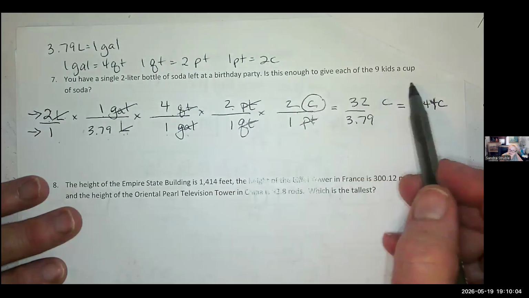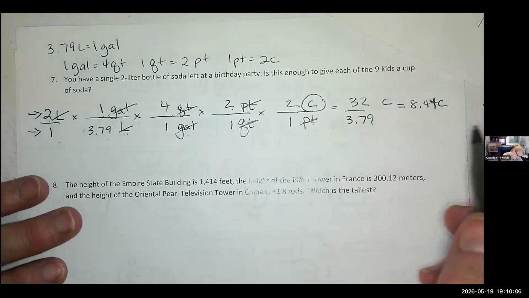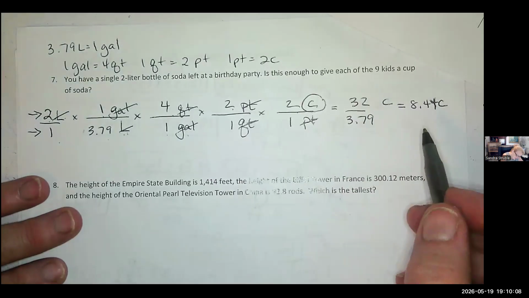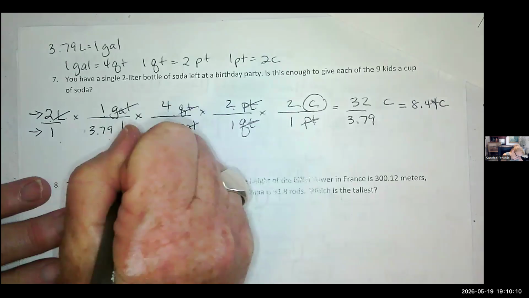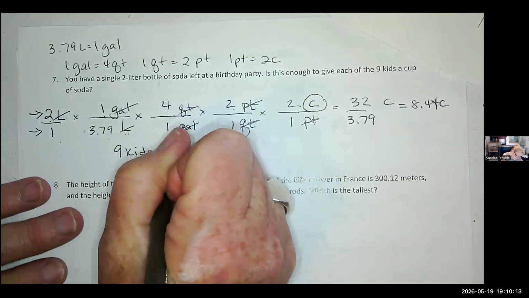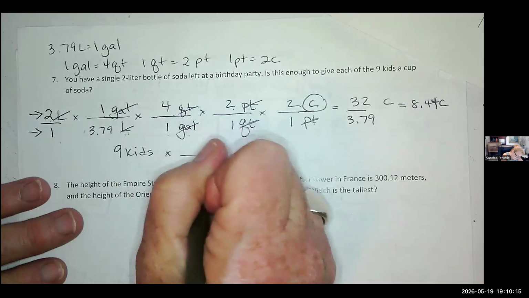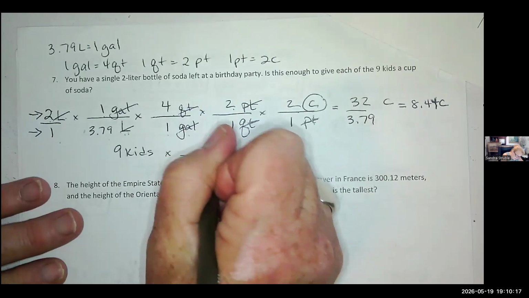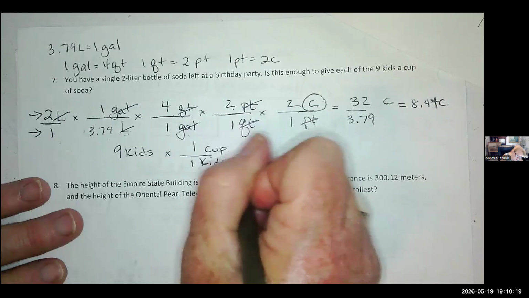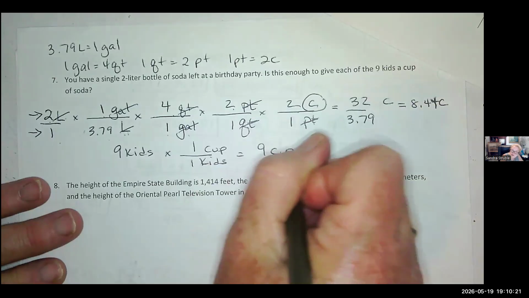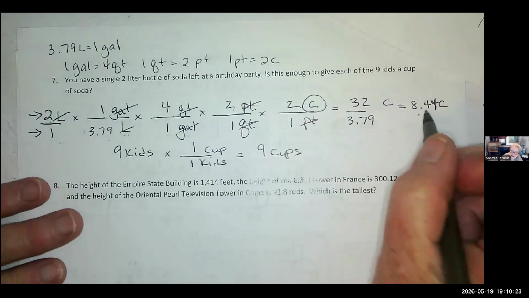Now, is this enough for each of the 9 kids to have a cup of soda? Well, there's 9 kids and each get a cup. 9 kids at 1 cup each is 9 cups. Do we have enough in 2 liters for 9 cups?